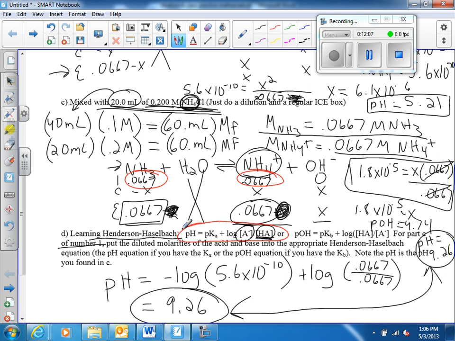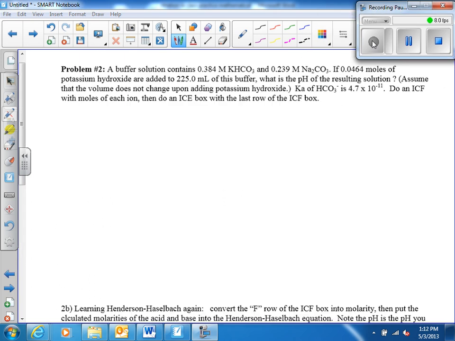And when we have a test on all of this, you will be given the Henderson-Hasselbalch equation. You were given that on your last test, but most of you didn't know how to use it yet, which is okay because that was extra credit. No, not that problem. There was another problem that was an extra credit problem. Okay, so anytime that you have both a weak base and its conjugate weak acid, you can use Henderson-Hasselbalch.